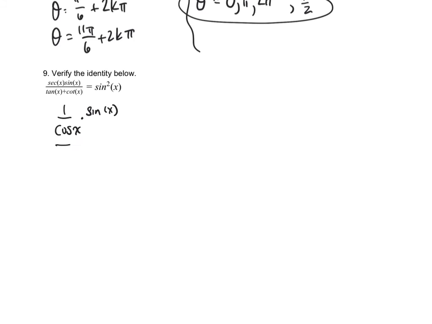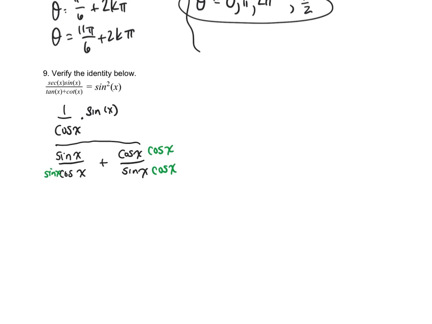And on the bottom, I have tangent x plus cotangent x. So I really don't have much way to go with that. So I'm just going to turn them into their quotient identity equivalents, sine x over cosine x plus cosine x over sine x. Now, we did this several times when we did identities. When you have two fractions added together, we have to get the common denominator. So in this case, the common denominator at the bottom is going to be sine cosine.